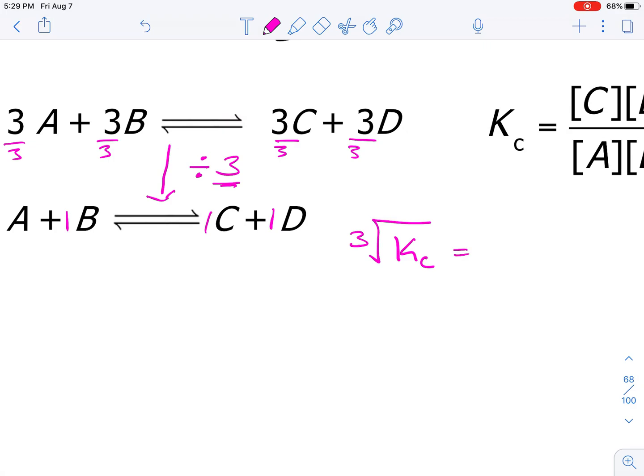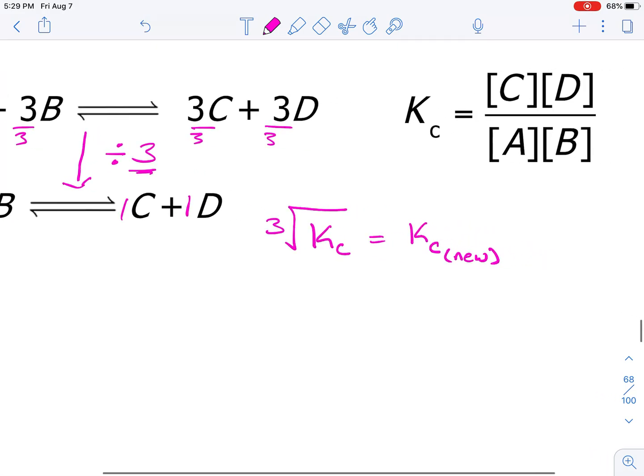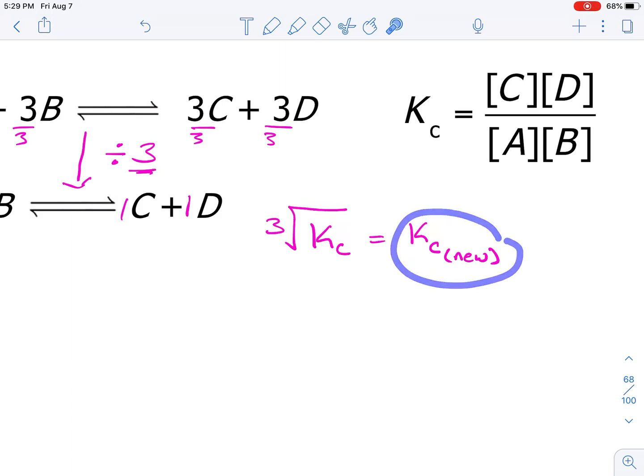And whatever this value is, so let's just say this is Kc new. Okay. So the new equilibrium constant after the manipulation is the result of taking the third root of the equilibrium constant.